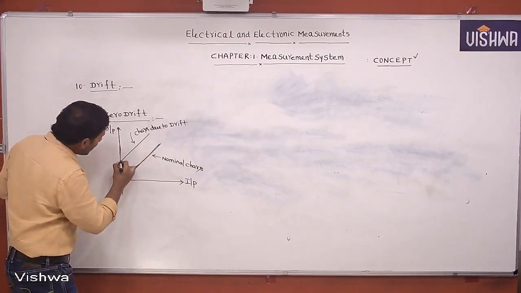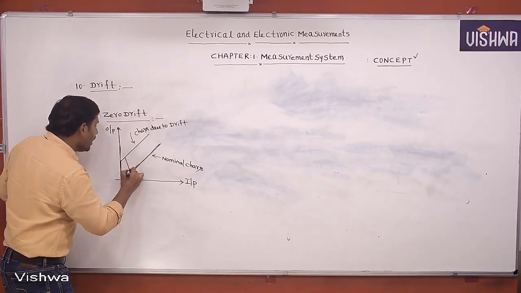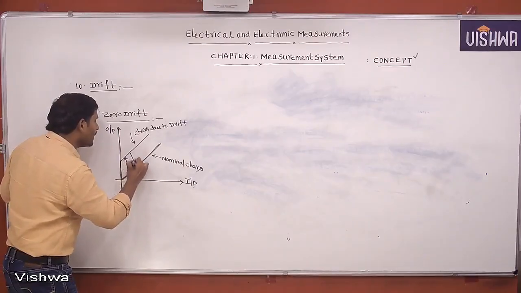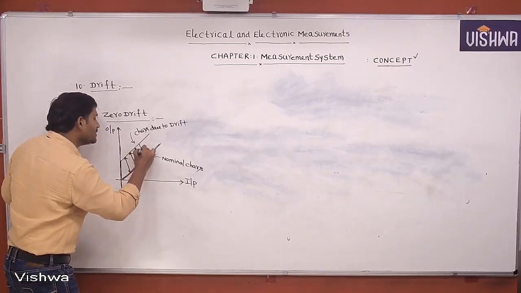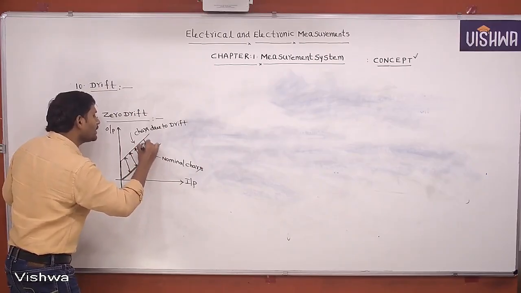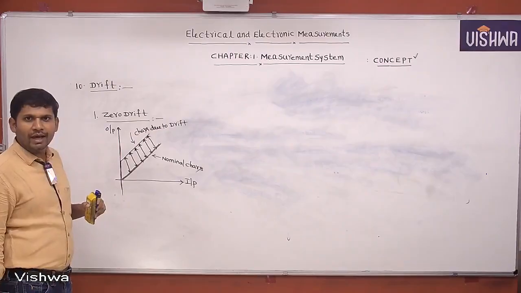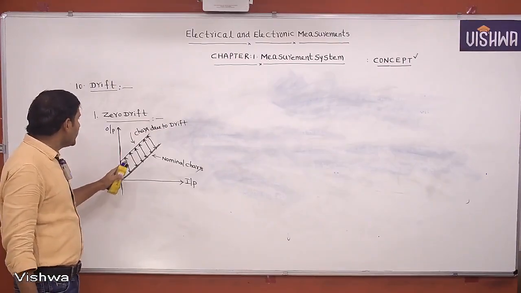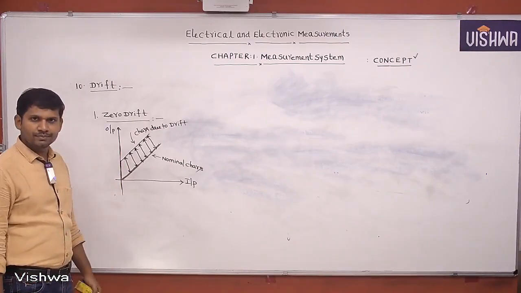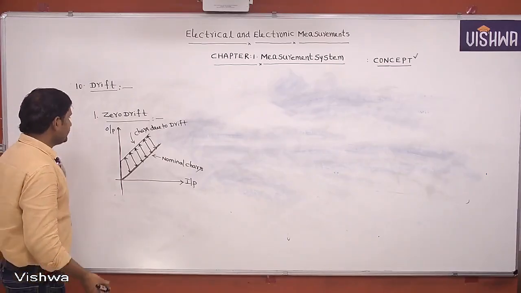The drift starts from 0 itself, and throughout the measurement the drift is constant. Then it is called the zero drift characteristics of an instrument. Clear?